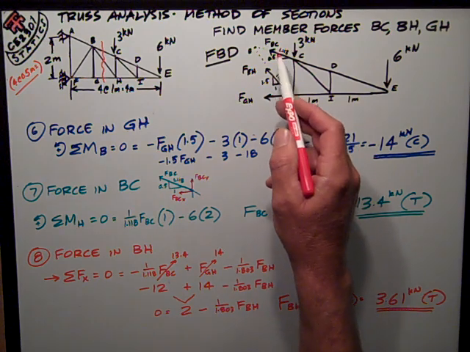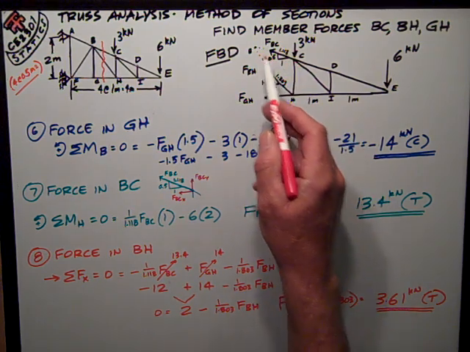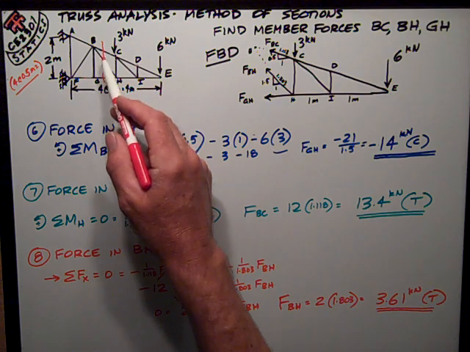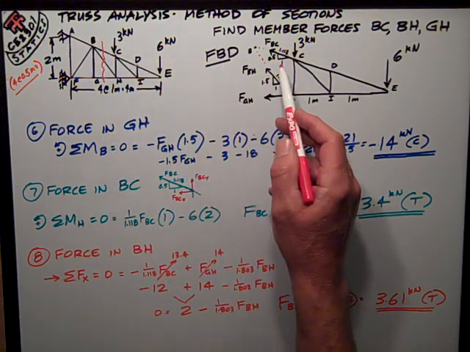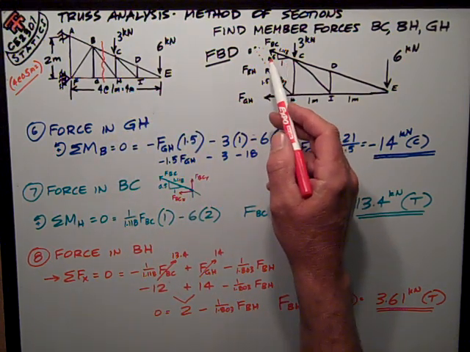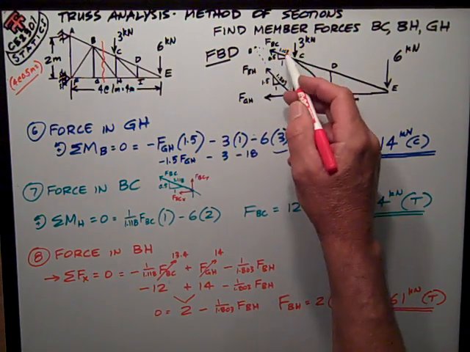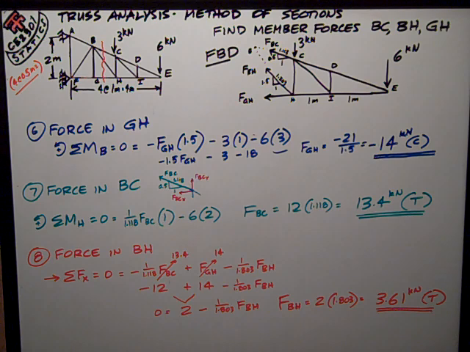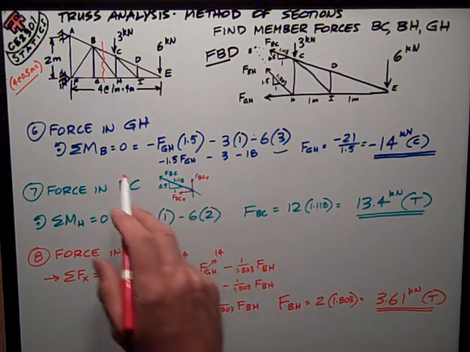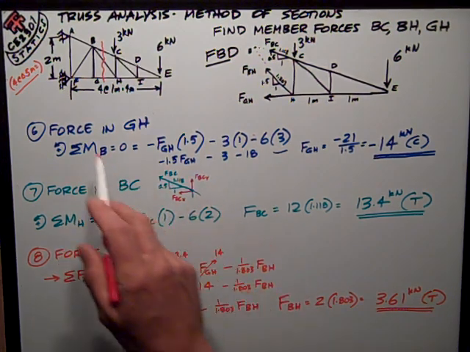Similarly, I look at member BC, it's going over 1, and it's going up just 1 panel, 0.5, so it's 1 over and 0.5 up. The Pythagorean theorem gives me 1.118 for the hypotenuse of that one. Now I'm all set up, I know my geometry. I can, as usual, sum moments to solve for as many as I can.